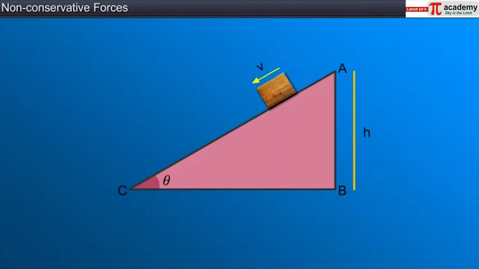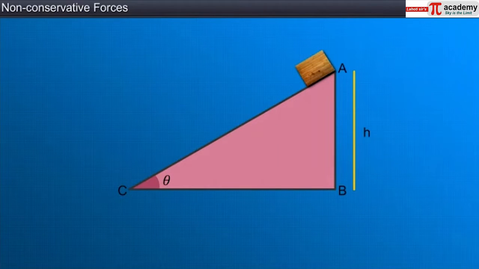When it slides down, it has both potential energy and kinetic energy. The potential energy is due to its height and the kinetic energy is due to its velocity. Thus, the total energy of the body is equal to its kinetic energy plus potential energy.